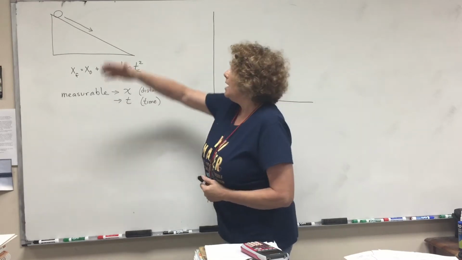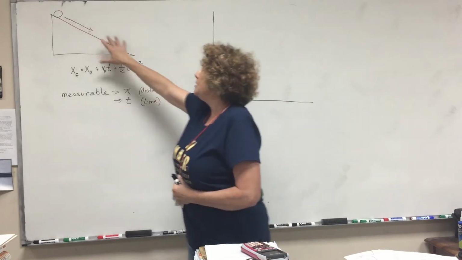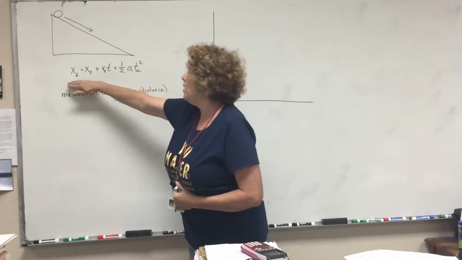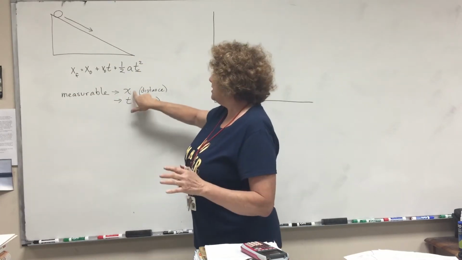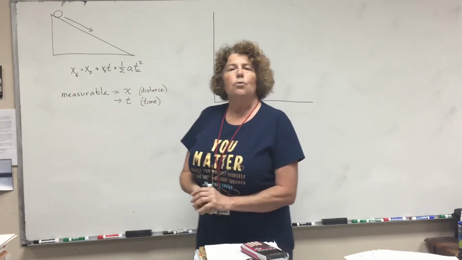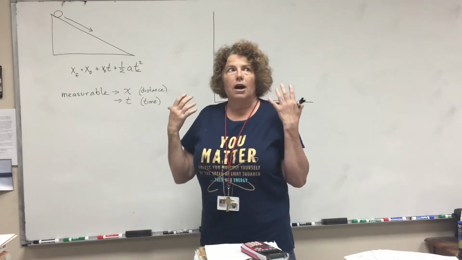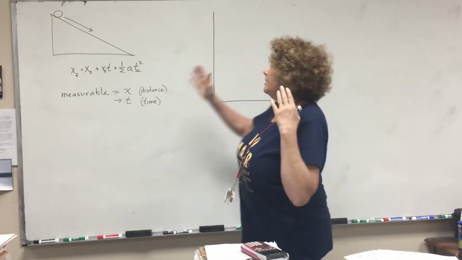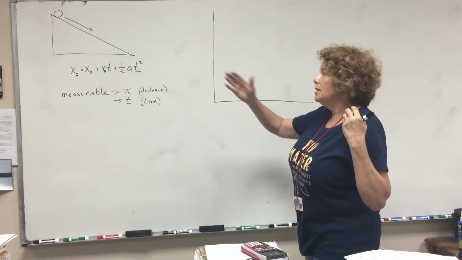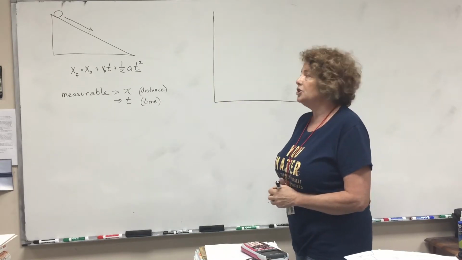First of all, if you have an object that's moving, and you have this basic equation, and you can measure the distance and the time, you want to create some kind of graph that gives you the information like the acceleration.